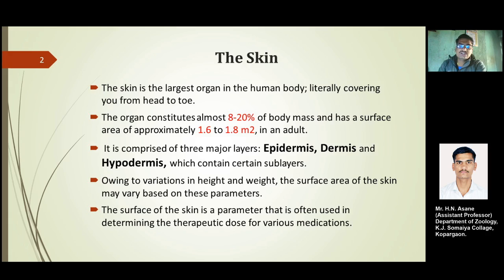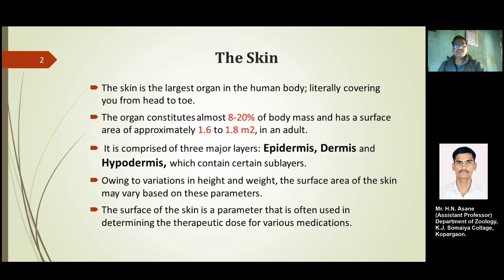The organ constitutes almost 8 to 20% of body mass and has a surface area of approximately 1.6 to 1.8 square meters, as measured in the adult human being.